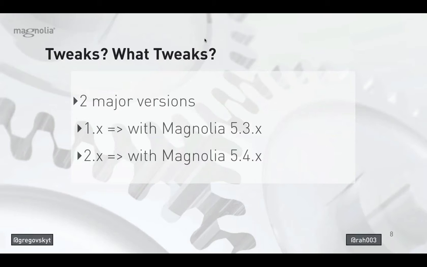Yeah. And exactly as Jan mentioned, we have 2 versions, one for Magnolia 5.3, one for Magnolia 5.4. As a front-ender, I would like to say that for 5.3 and every new project I have to do on 5.3, the Neat tweaks are also a must-have, because they can speed up work, especially in the configuration.